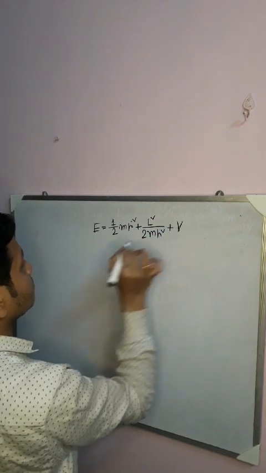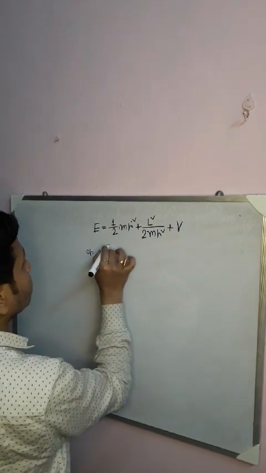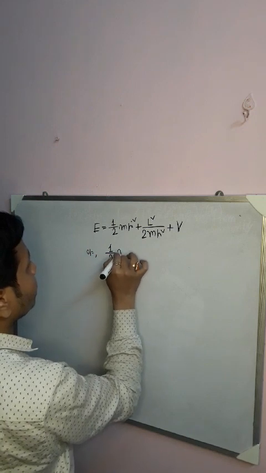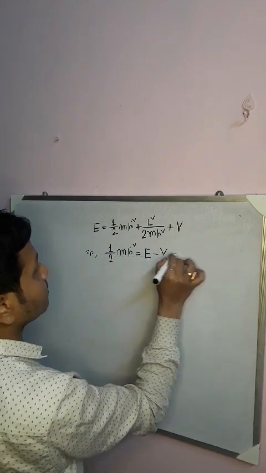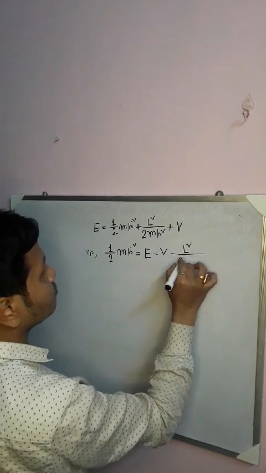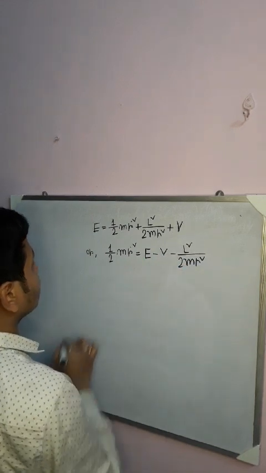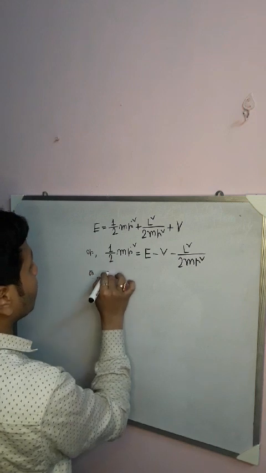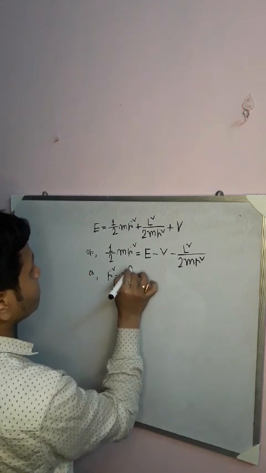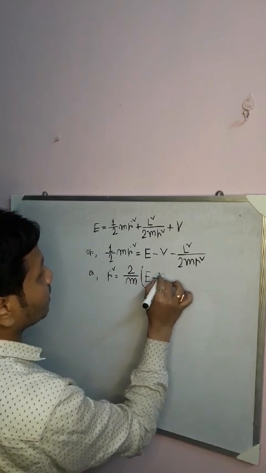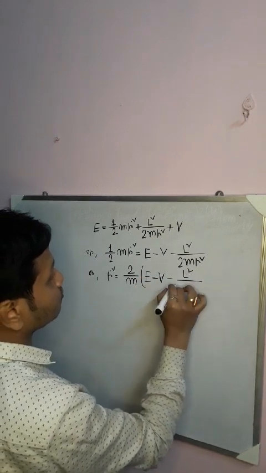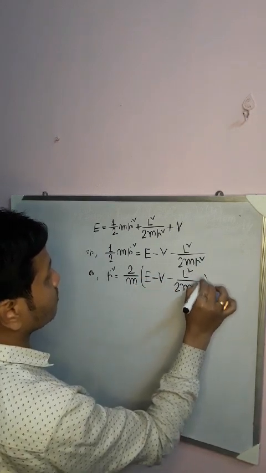With a little bit of simplifying, we get half m r dot square equals E minus V minus L square by 2mr square. So what will be my r dot square? This is simply 2 by m times E minus V minus L square by 2mr square.